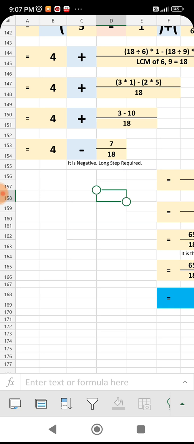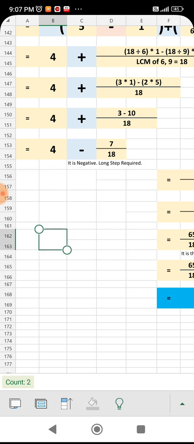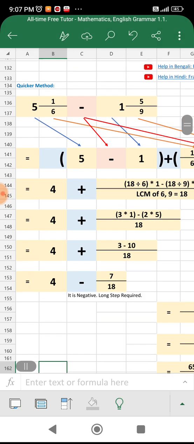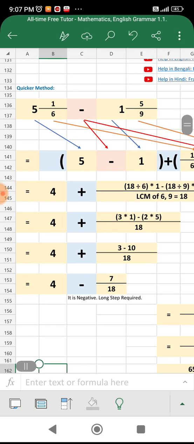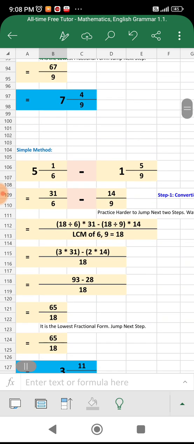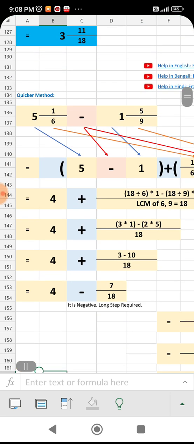So that's why in your book you will see 2 or 3 different methods for subtraction and addition. If it is addition, you follow the shortcut method, but in case of minus, you have to go for the simpler method. You will see that in the book, but it is not required.